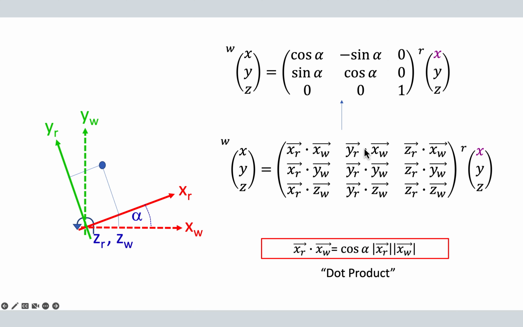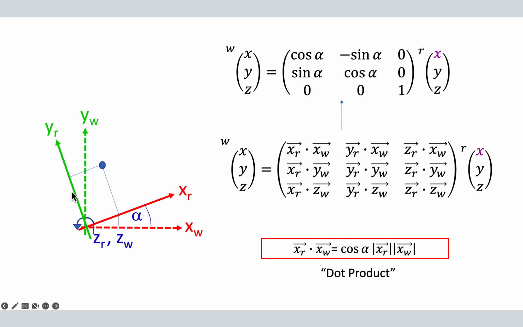Now let's go to the second column, and this time we are taking the y-axis of the robot coordinate system and project it on the x, the y, and the z-axis of the world coordinate system. First one is y of r to x of w, and here the angle is 90 plus alpha. Cosine of 90 plus alpha is minus sine of alpha.